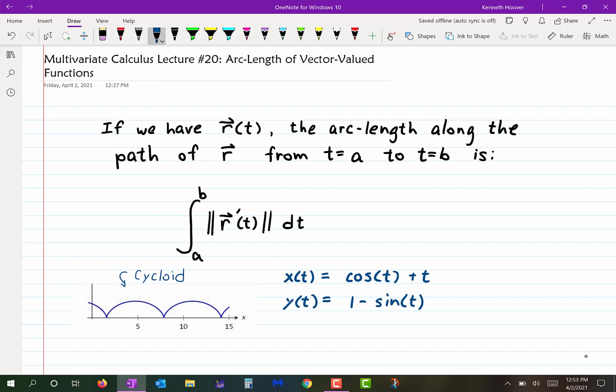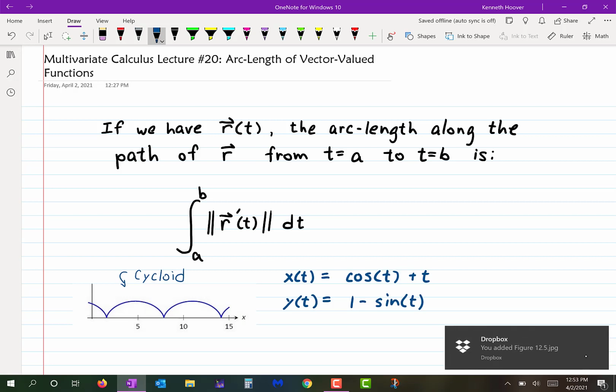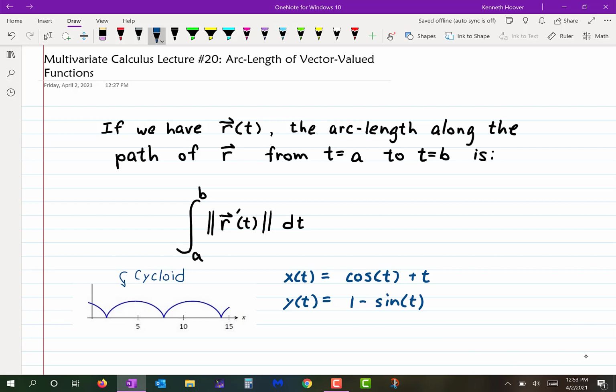What I'm going to do is write that as a vector valued function instead of parametric equations. So I'm going to write r of t equals the vector cosine of t plus t, comma 1 minus sine t, because we're doing vector valued functions now.